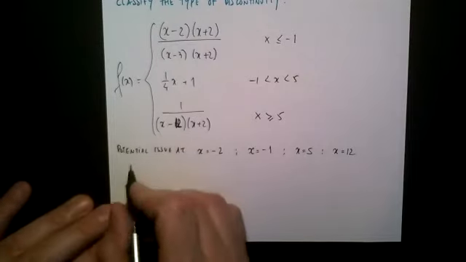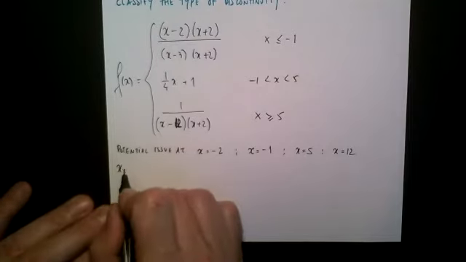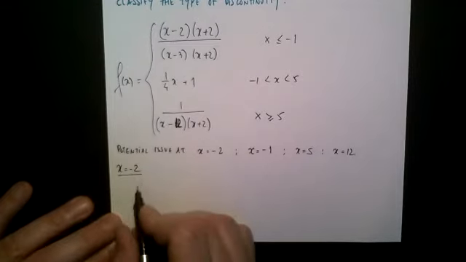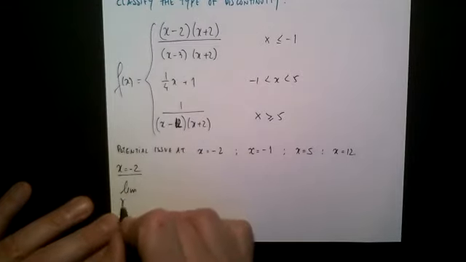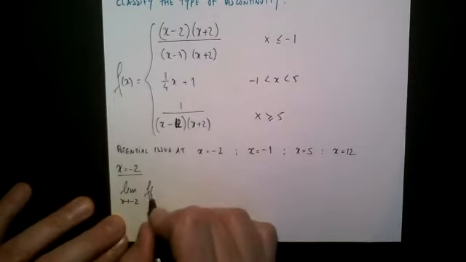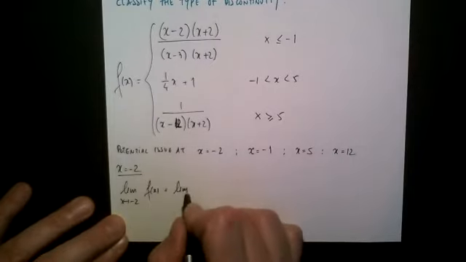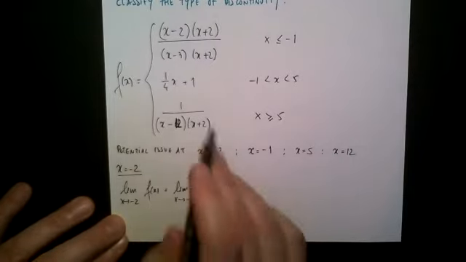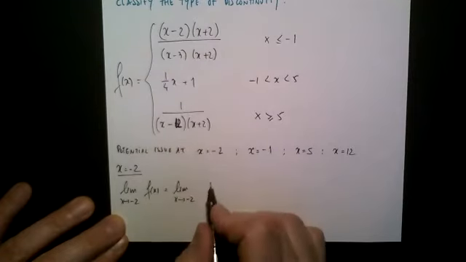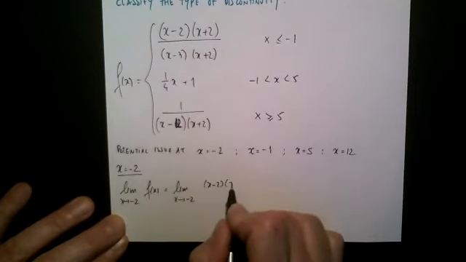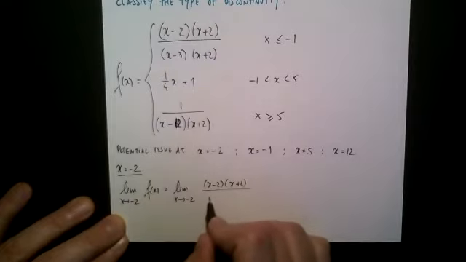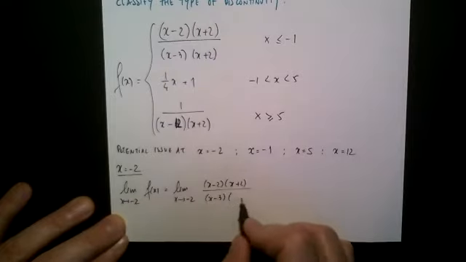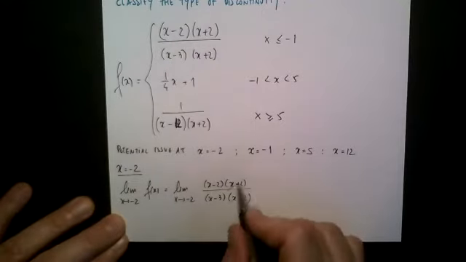So let's start with x equals -2. I'm going to do the limit as x approaches -2 of f of x. That is the limit as x approaches -2 of this function here: x minus 2, x plus 2 over x minus 3, x plus 2. I'm going to cross out the common factor.